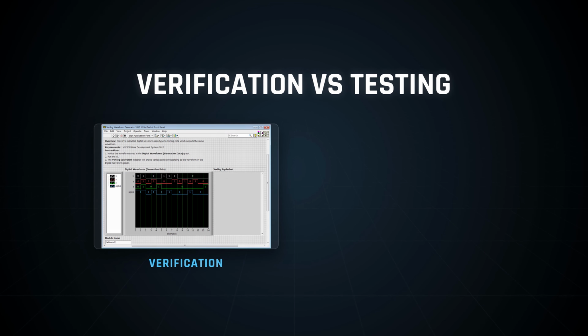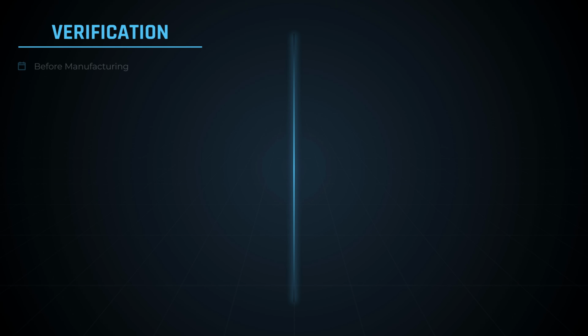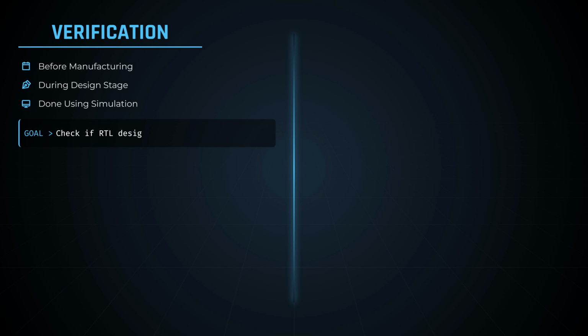Now let's clear the biggest confusion: verification versus testing. Many students mix these two. Let's make it crystal clear. Verification happens before manufacturing, during the design stage, and is done using simulation. Goal: check whether the RTL design works correctly.